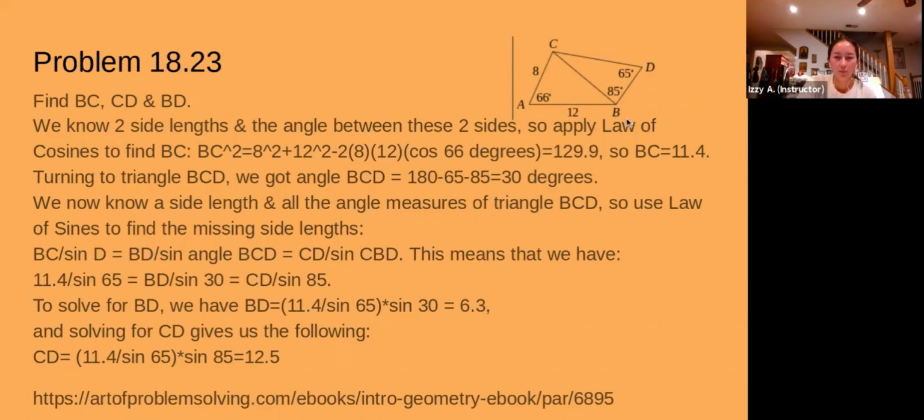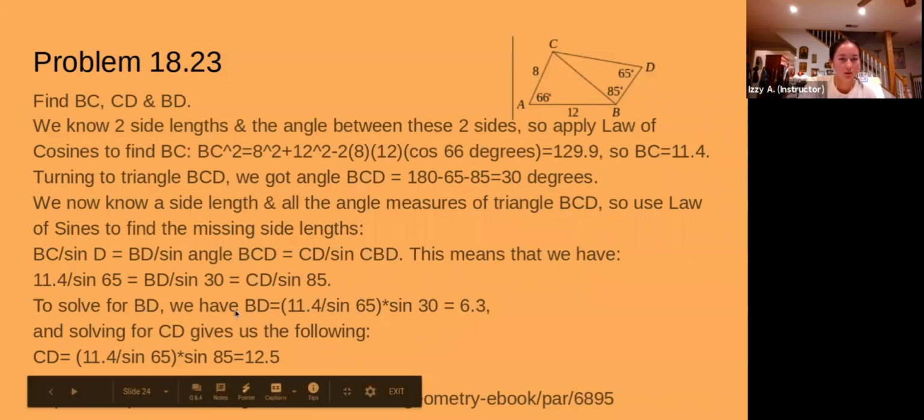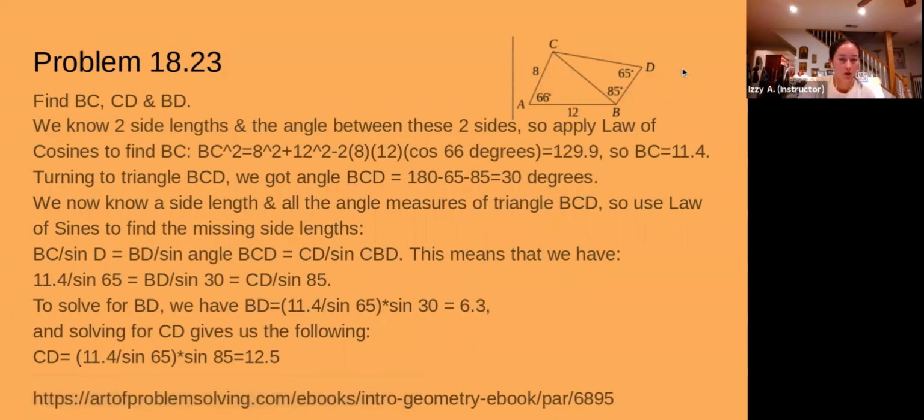So we have BC over sine of D is equal to BD over sine of angle BCD, and that's going to be equal to CD over sine of CBD. So this means that we have 11.4 over sine of 65 equal to BD over sine of 30 equal to CD over sine of 85.